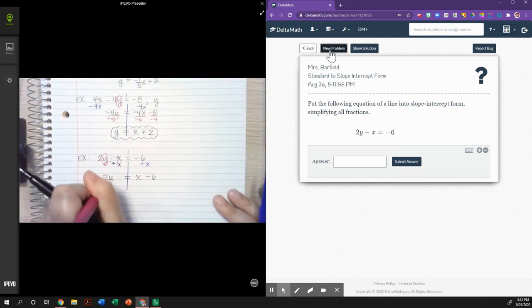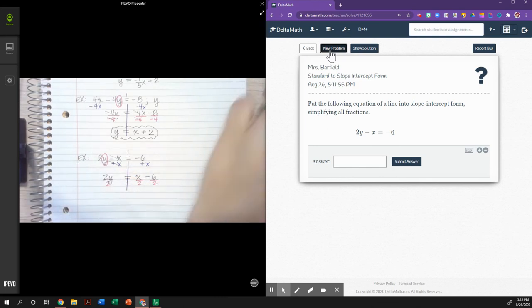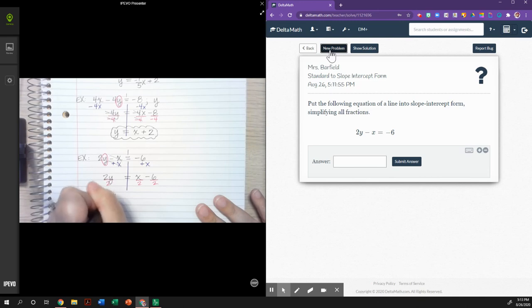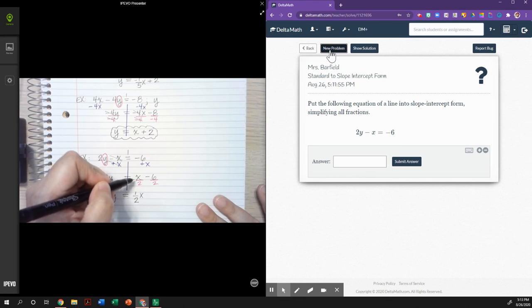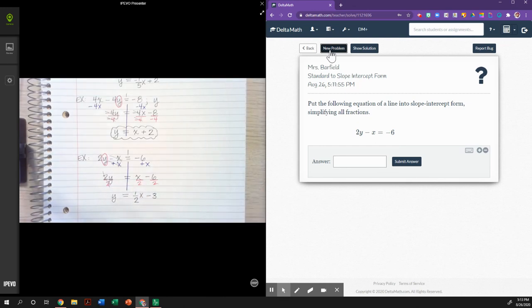And then to get y by itself, I'm going to divide by 2. So I get y equals, because the 2s eliminate, that is actually 1/2 x, because there's a 1 in front of the x, and then negative 6 divided by 2 is minus 3.